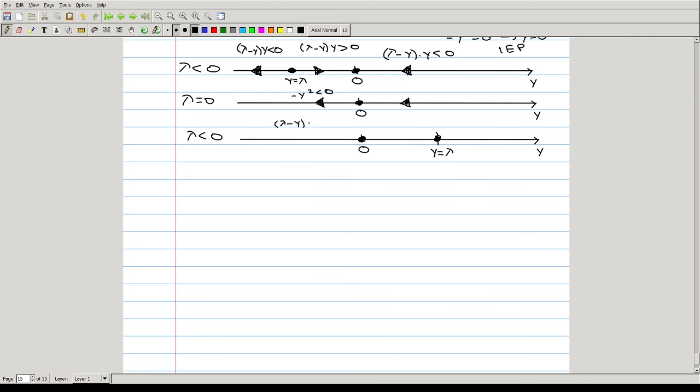(Lambda minus y) times y is less than 0 here, but in this region now, (lambda minus y) times y is positive.